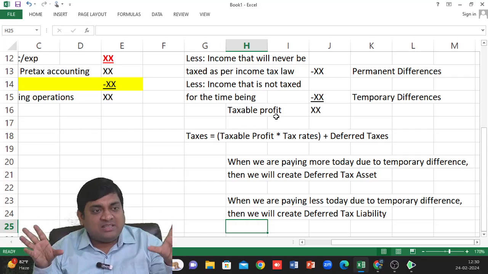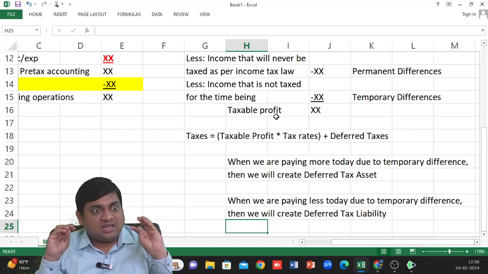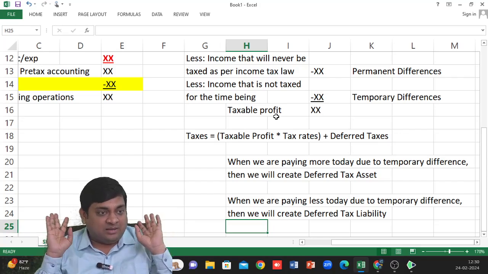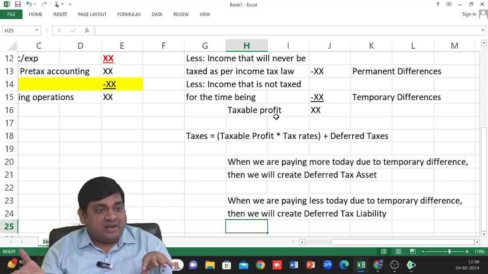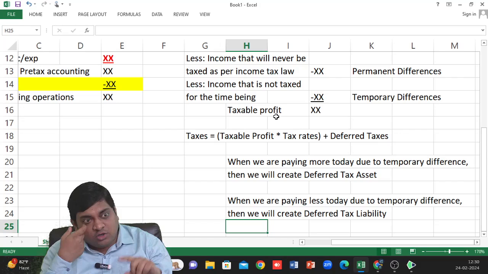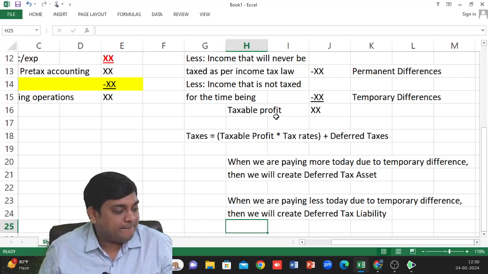Out of those expenses, some might not be considered at all, forever, or some may not be considered for the time being, or some are considered but the amount is different. That is also temporary difference. Same goes with the income as well.